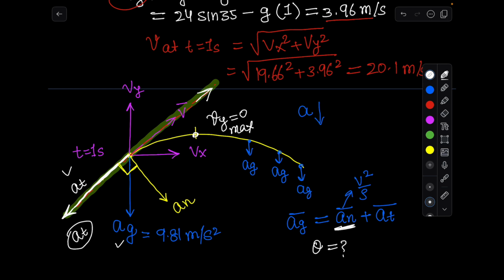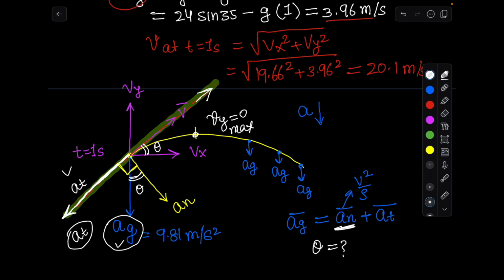If we can find this theta, we can find AN, because AG is already given to us. To find this theta, if we carefully notice this problem, we will see this theta is equal to this angle, by geometry.